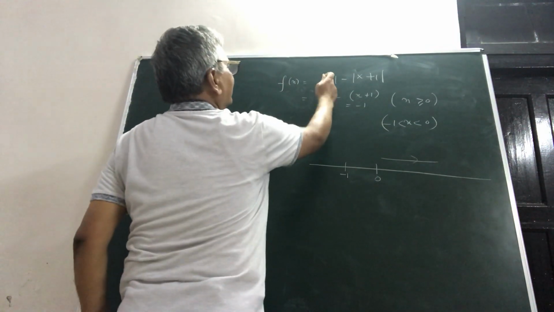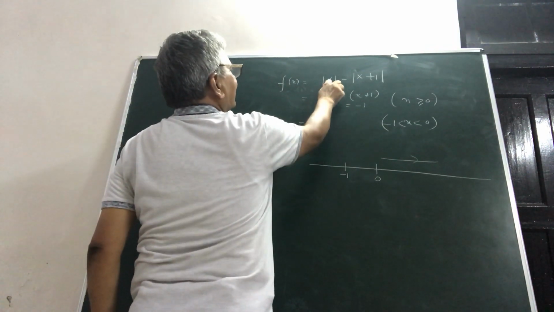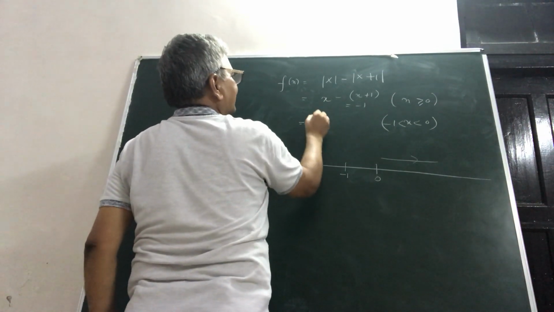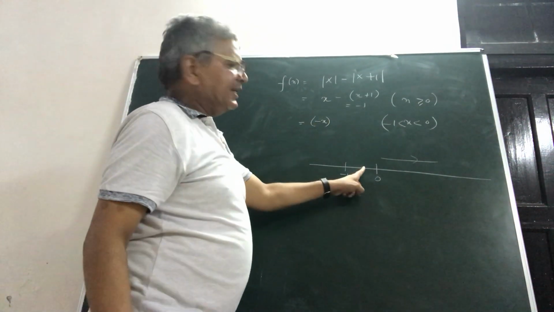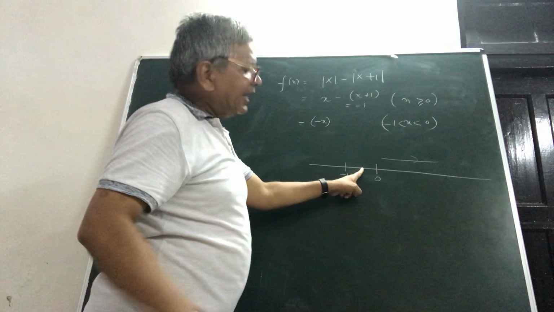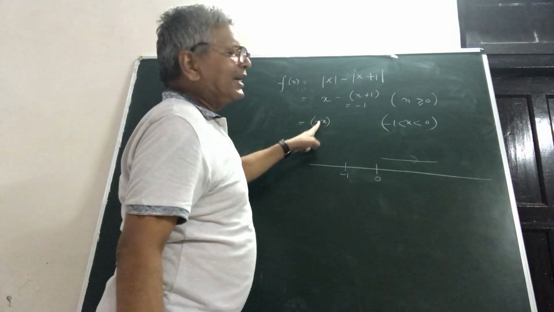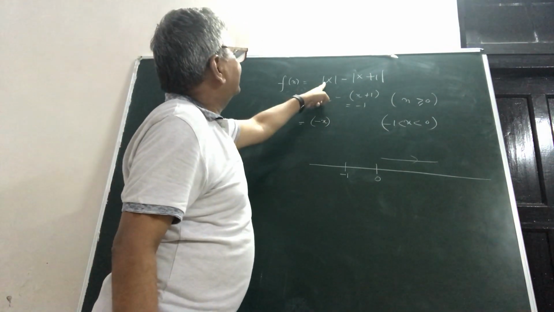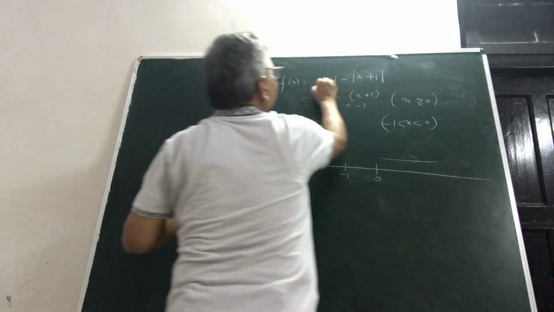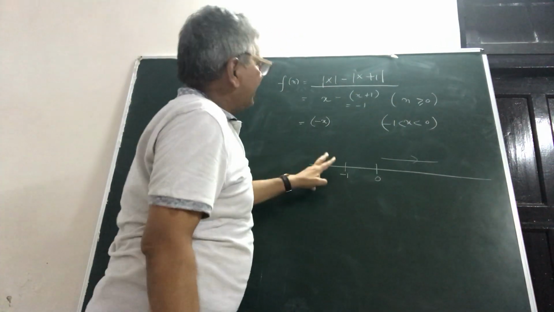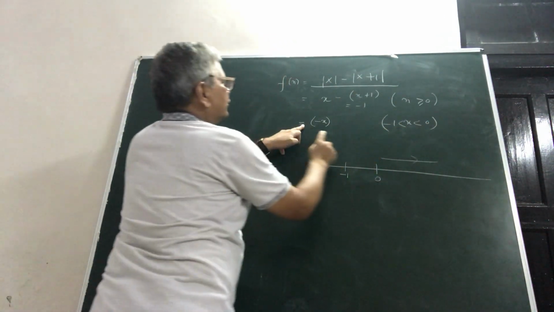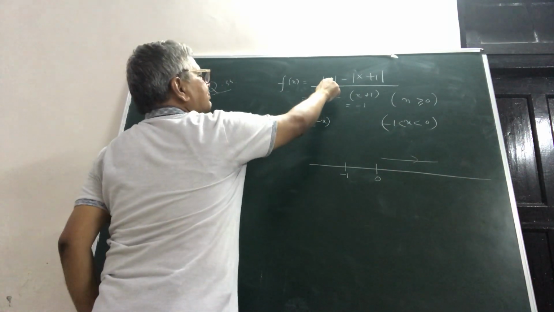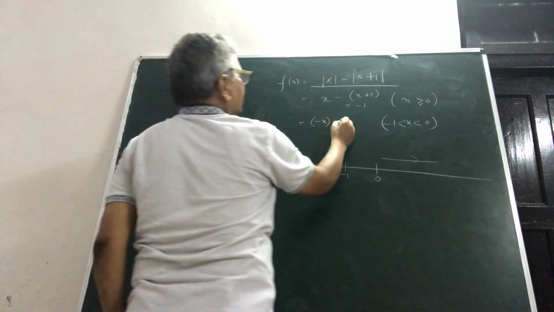So if I get rid of this modulus sign, what I will write in place of |x| is -x, because suppose here it is x = -0.5. Minus 0.5 will make it positive, and that is why |x| here, because this is my function. So for the interval -1 < x < 0, in this |x| I will replace it with -x. Minus.